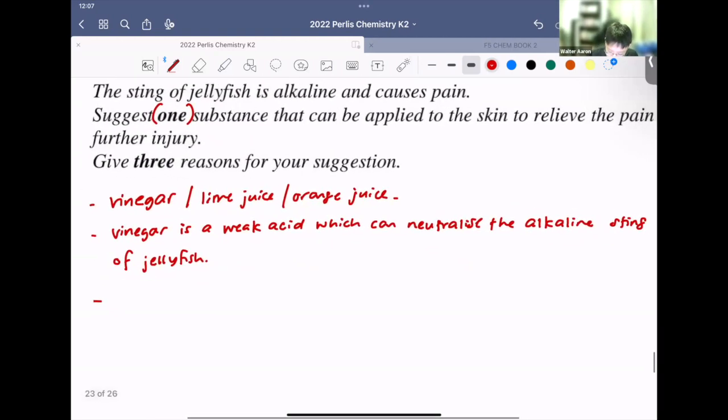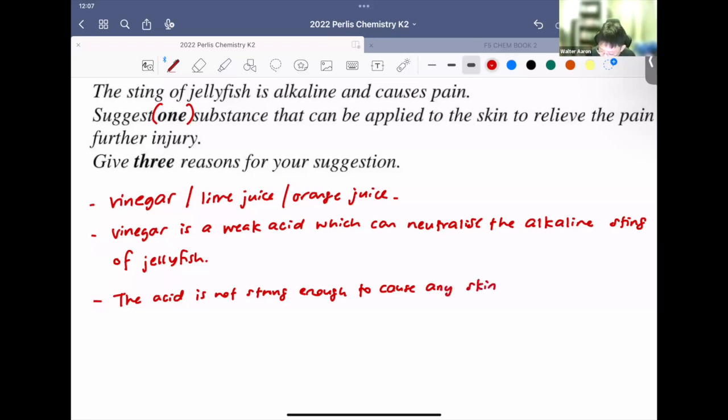So you say here, or you can say, the acid is not strong enough to cause any skin injury. So that would be another thing I explain to make sure that it actually works.